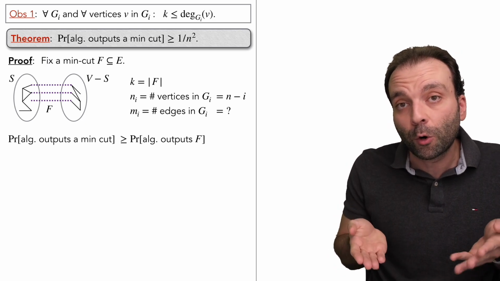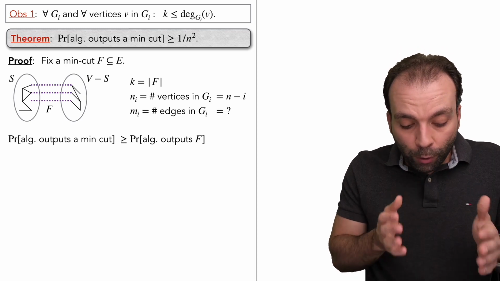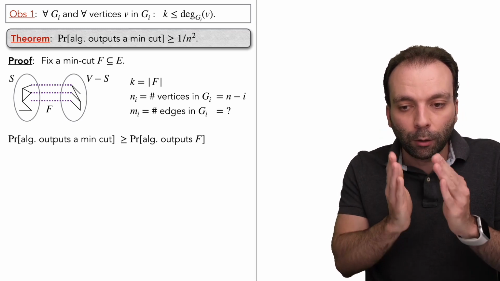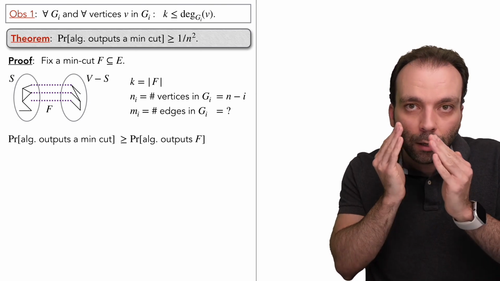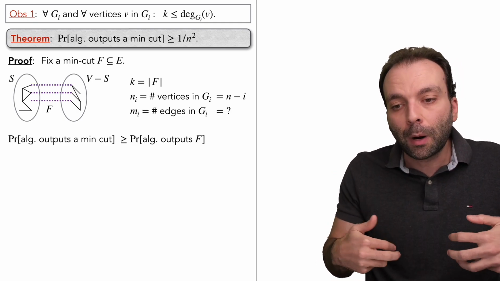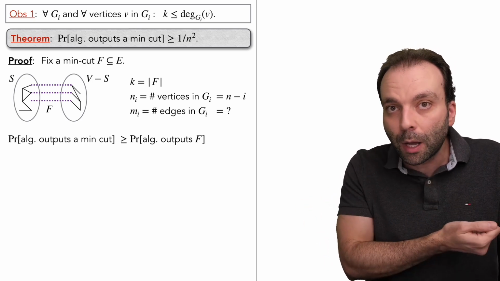But in general, there could be multiple minimum cuts in the graph, and I'm only looking at one fixed minimum cut, and only at the probability that I output that particular minimum cut. So the probability of success in general could be higher because I could be outputting some other minimum cut, but that's okay.